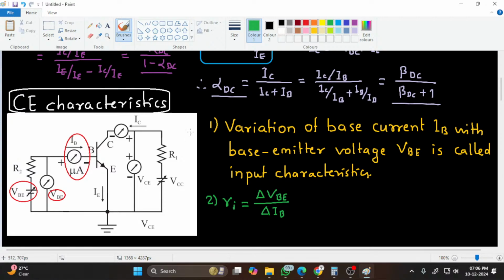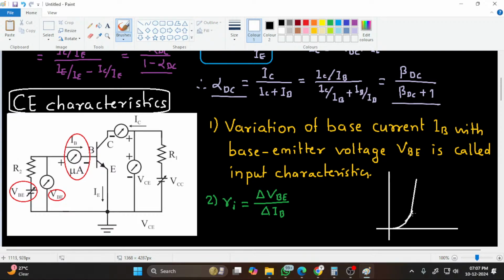So how does this characteristic look? They are very similar to the characteristic of a forward biased diode. That means initially the current is low and then it shows a low resistance path. So similar to any forward bias diode like this.